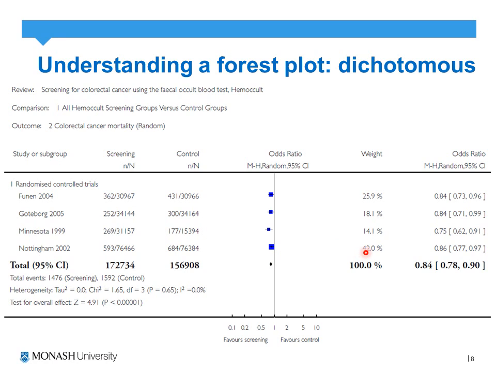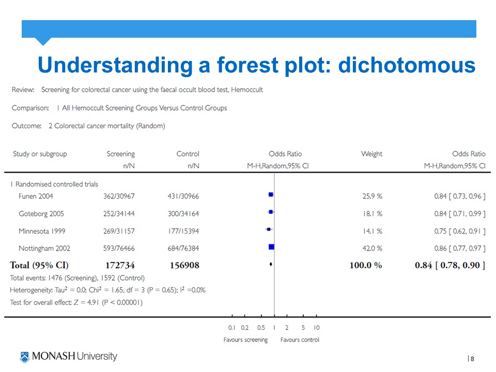So this particular Nottingham study will contribute 42% of the overall meta-analysis, as opposed to these smaller studies of Minnesota, Gothenburg and Funen. And generally speaking, the larger the blob, the greater the contribution to the overall meta-analysis itself.